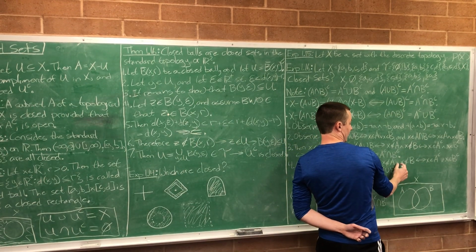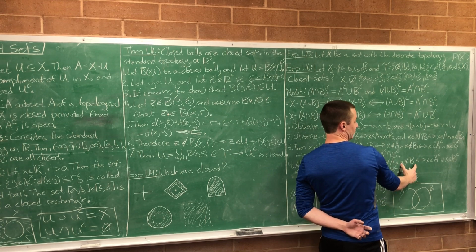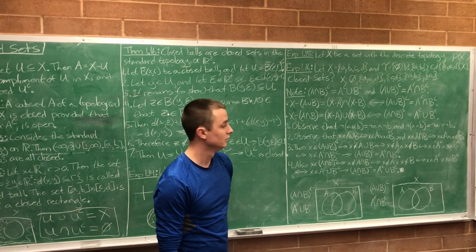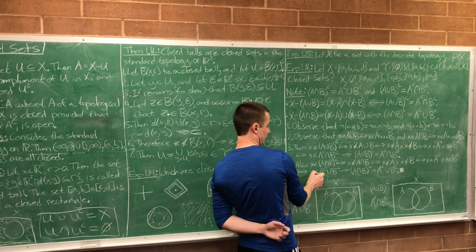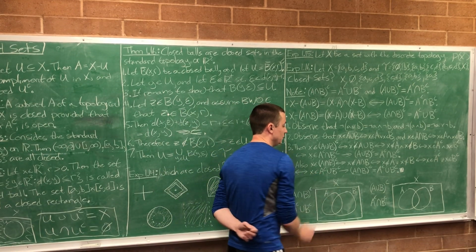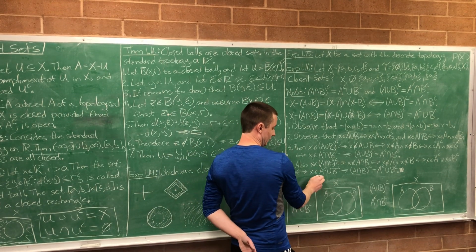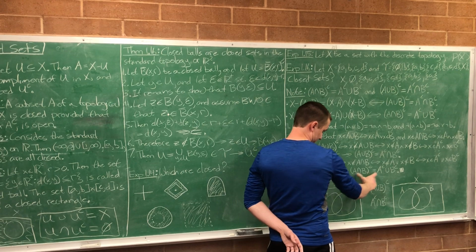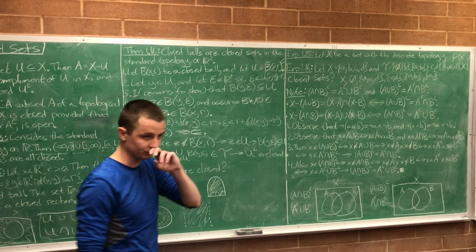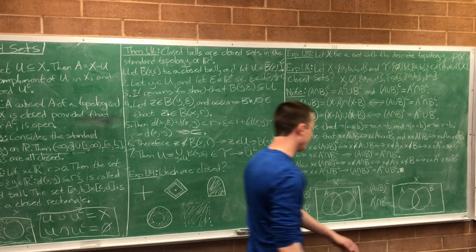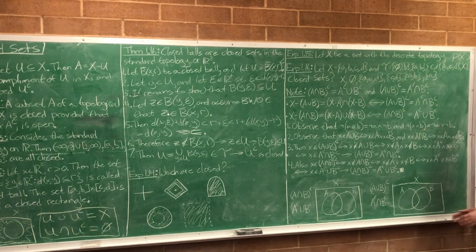And X is not in A or X is not in B is the same thing as X is in A complement or X is in B complement. And then that's X is in A complement union B complement. So this is logically the same as this, so those two are equal. Okay. Make sense? Now we'll see why this is so useful for our next proof.